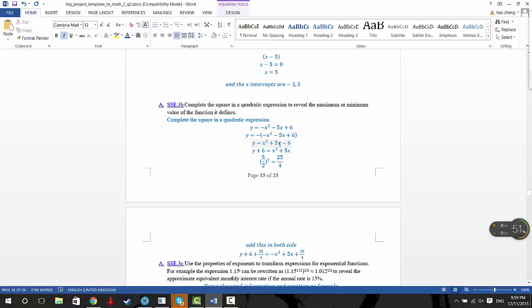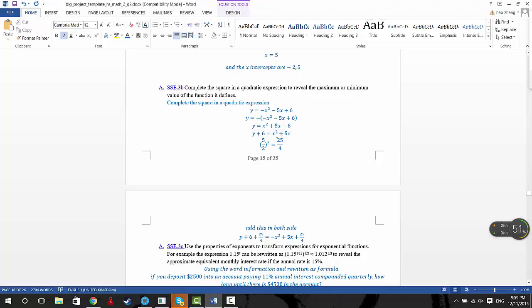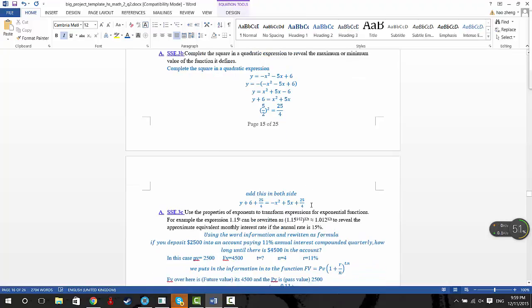See that? And we move the 6 to the other side first, so we can complete the square. We must add something on both sides to complete the square. So we take this 5, which is the b, divide it by 2 and square it, which equals 25/4, and we add this on both sides here, and it'll be like this.